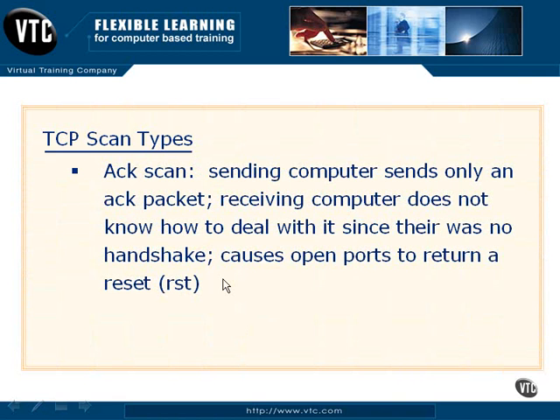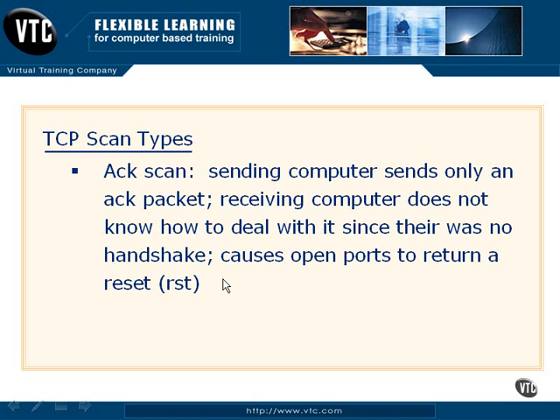Now the last scan that we're going to go into detail about before we move into UDP and ICMP is going to be the ACK scan. And basically, the ACK scan is unique in that it is trying to evade intrusion detection and intrusion protection systems, specifically firewall rule sets. What it basically does is try to map out what rule sets are available from the firewall.